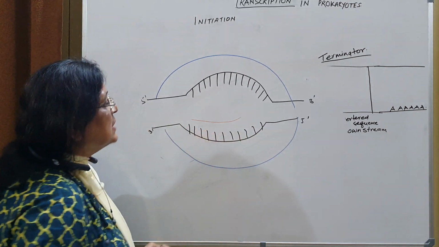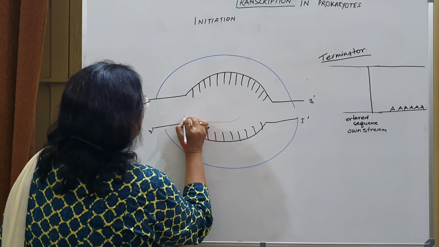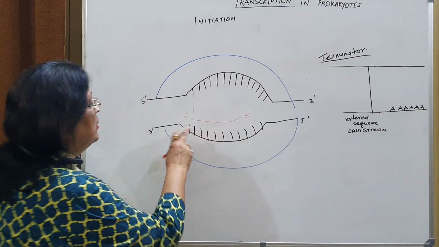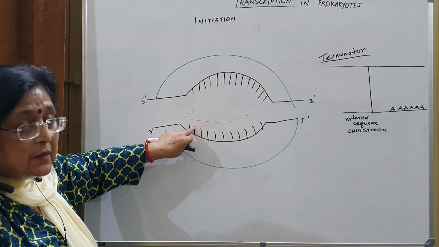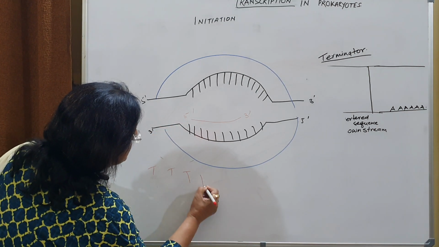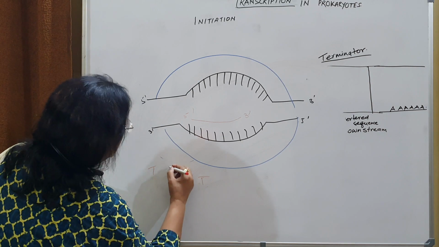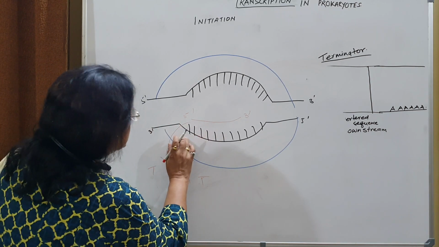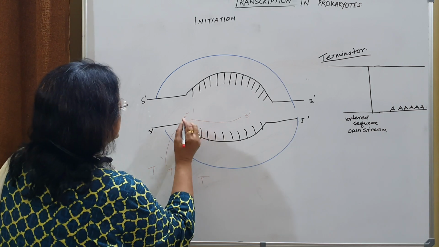Here it will start, RNA will start forming. They will read the base, and the corresponding nucleotide bases which are present in the cytoplasm will move over here and attach with the template base.